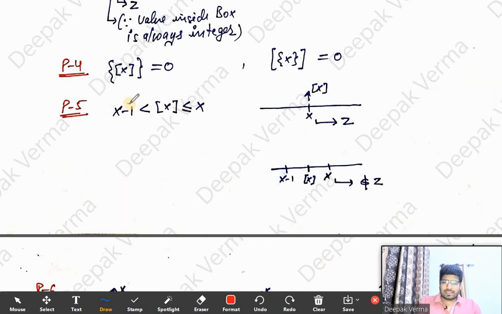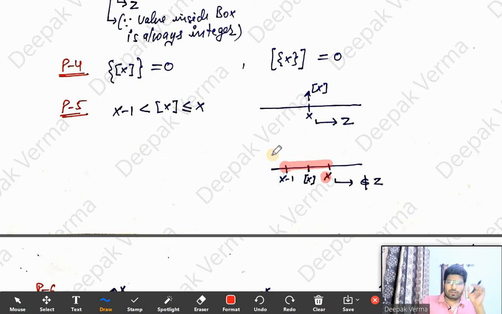Why are we subtracting 1 over here? You can see it like this: if we move towards the left by 1 unit, suppose we have x over here and we move 1 unit towards the left, we will definitely get an integer. At a distance of 1 unit, we will definitely get an integer.